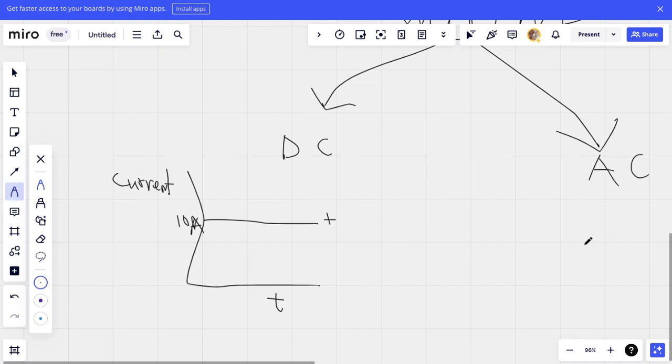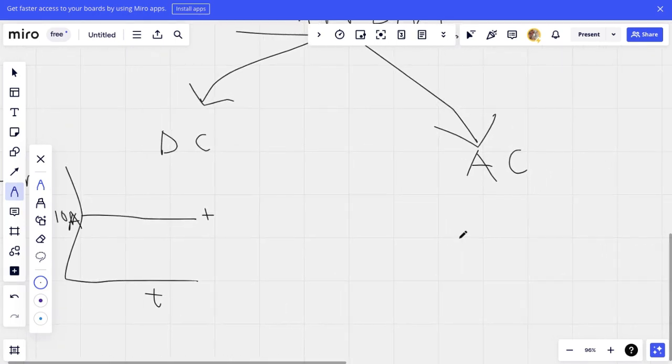But what about AC current? Alternating current varies. It does not stay with one value. It varies, maybe like this. It becomes another way.